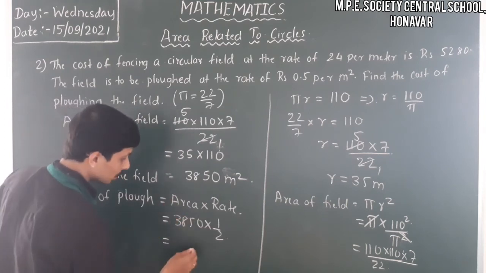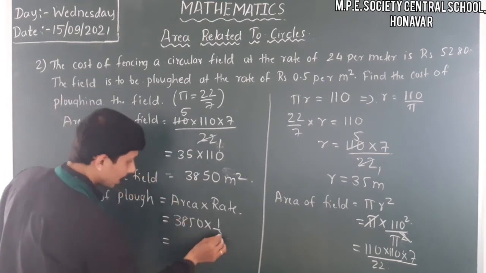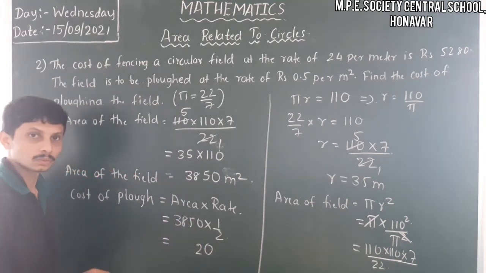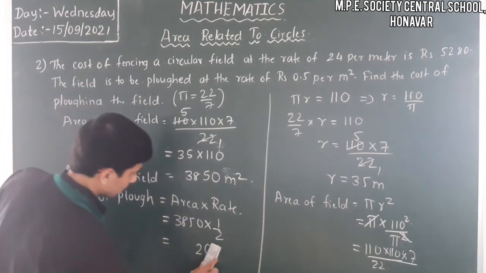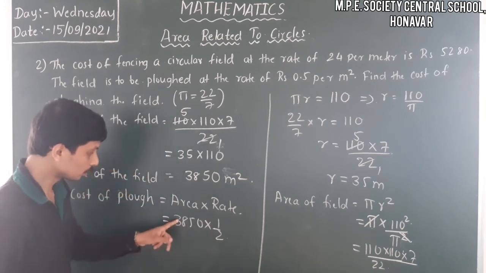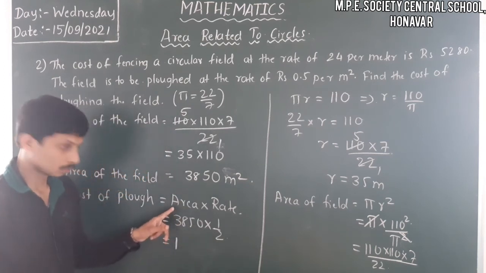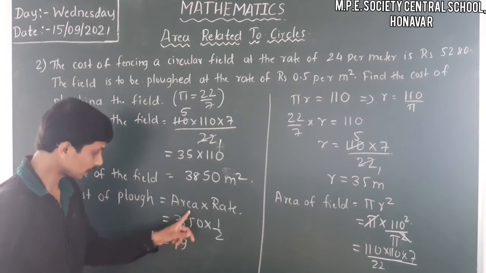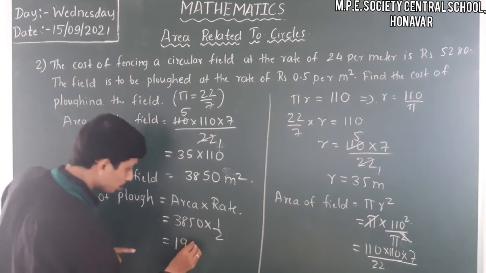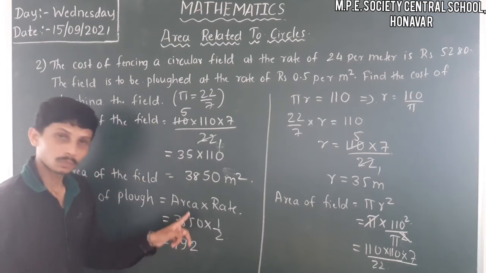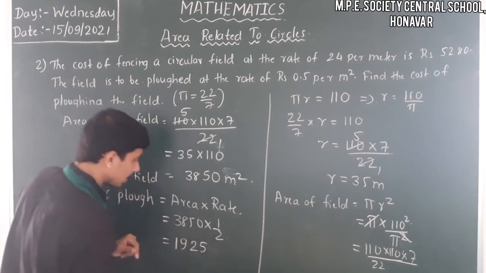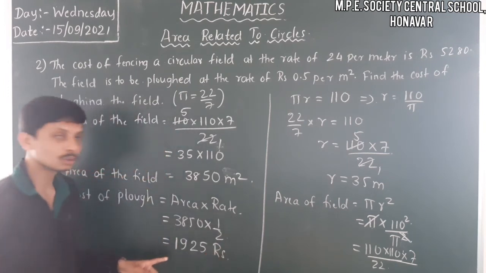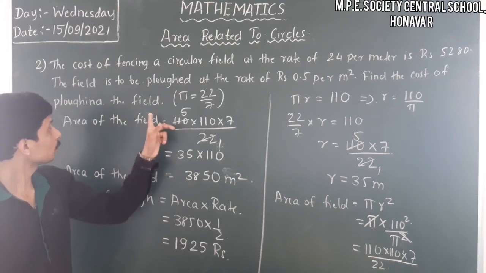Then divide by 2 here. 2 into 1 is 2, 2 into 9 is 18, 0, then take 5, and 2 into 2 is 4, 1 remains, and 2 into 5 is 10. 1925 rupees we have to pay for flowing the field.